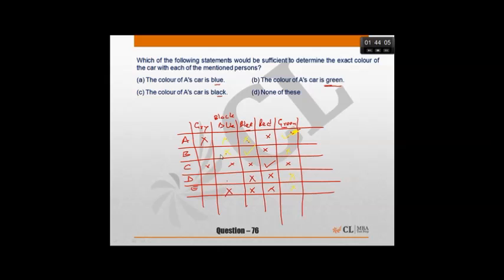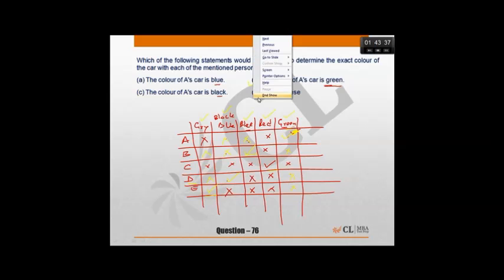If B's car is blue, this goes out, this goes out. That means D's car should be black, and this should be the one. So E is grey, D is black, B is blue, C is red, and A is green. The correct answer has to be this one.